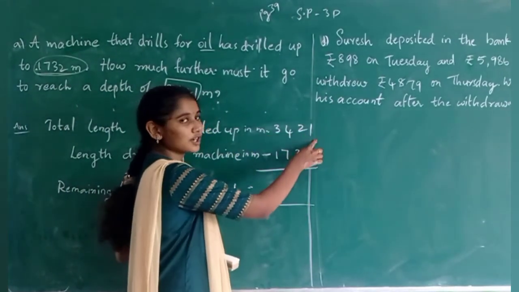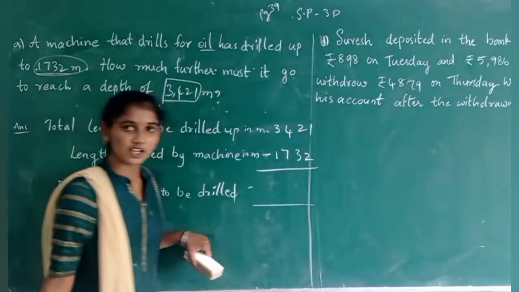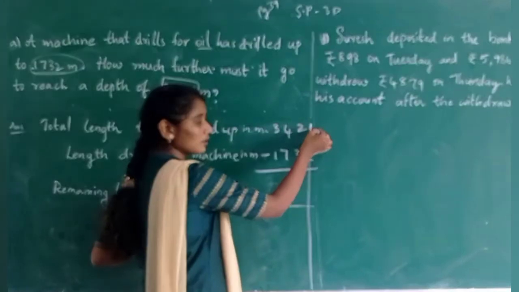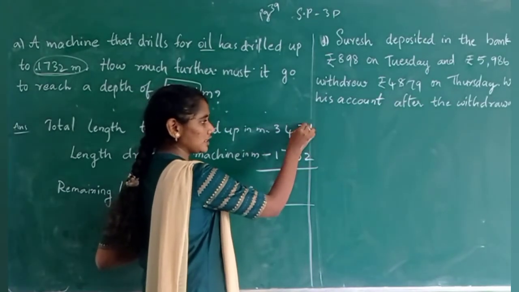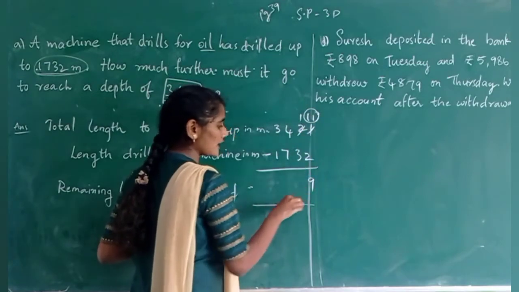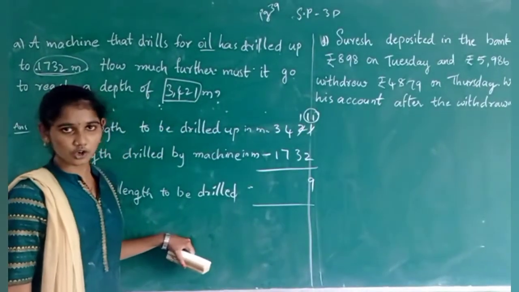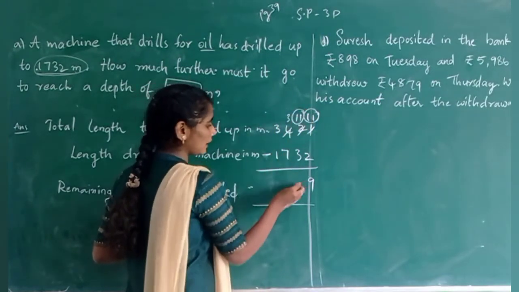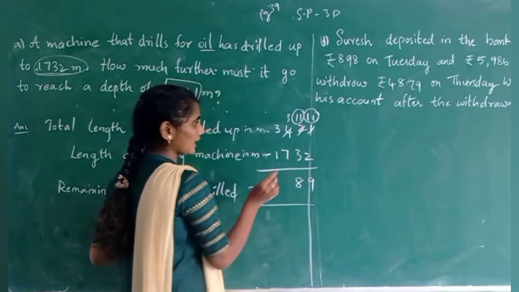3421 minus 1732. We start from the ones place. We have to subtract 2 from 1, which is not possible, so we borrow. 11 minus 2 is 9. Then 1 minus 3 is not possible, so again we borrow. This becomes 11, and 11 minus 3 is 8.